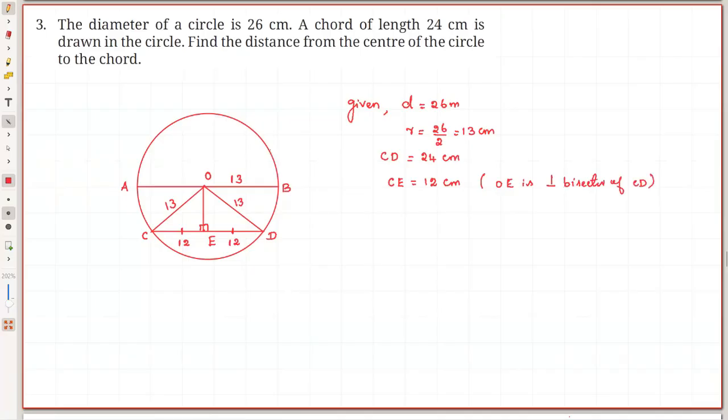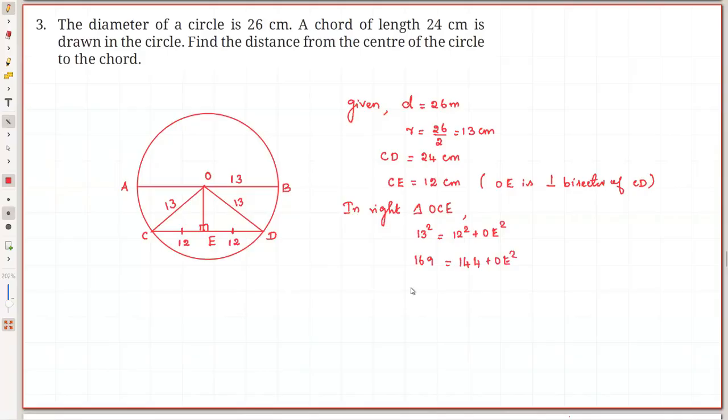Now in the right angle triangle OCE, we use the Pythagoras theorem: hypotenuse square is equal to the sum of the squares of the other two sides. So 13 square is equal to 12 square plus OE square. 13 square is 169, equal to 12 square 144 plus OE square.